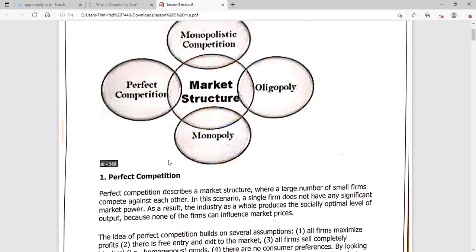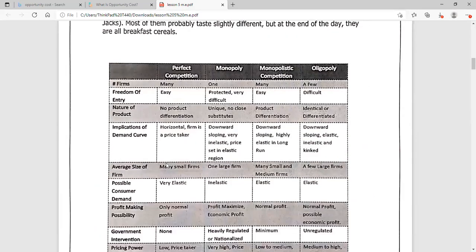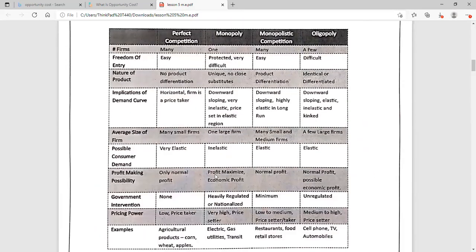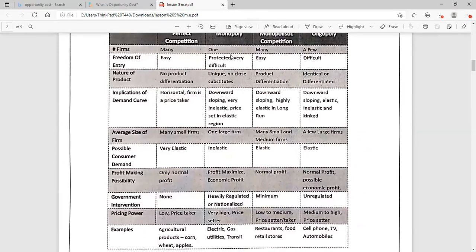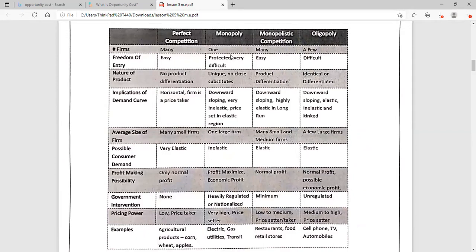So when we go to a monopoly, you can use this summary table. In a monopoly, there's one major seller who has control over pricing. He is a price maker. Here, there is restricted entry. There are no close substitutes because the good is unique.